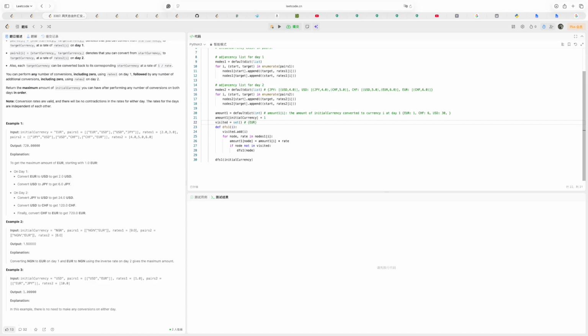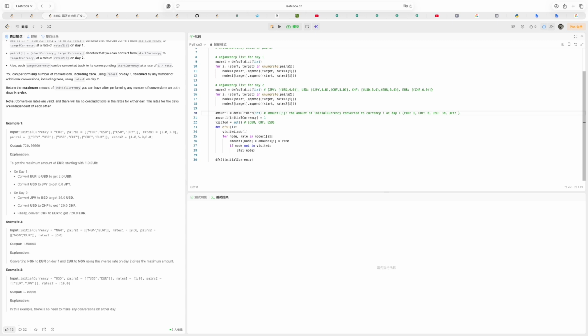The visited set is now Euro, CHF, USD. Okay, and then for USD we'll have JPY with 4. So JPY equals amount I, which is USD.